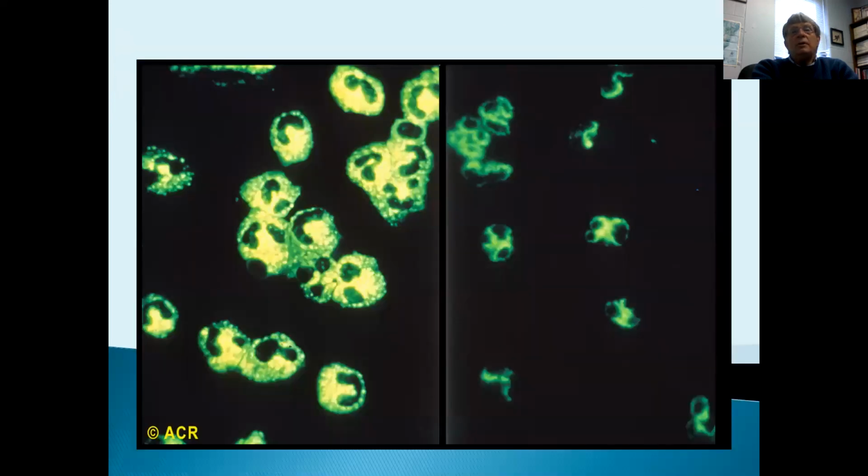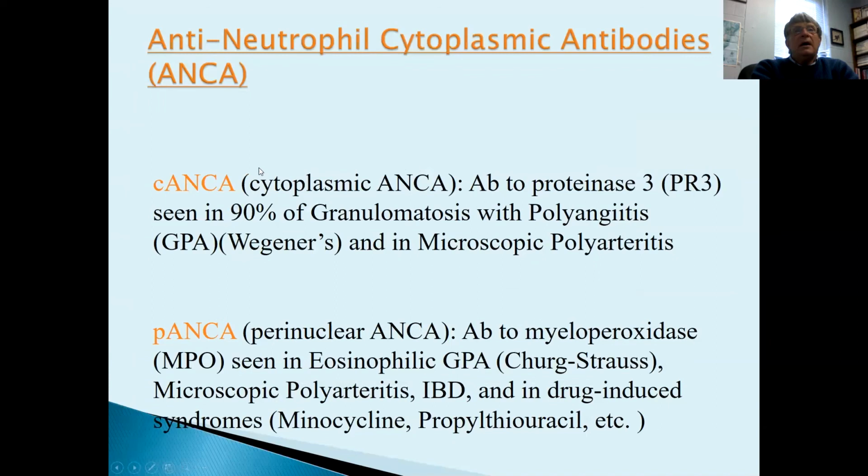They come in 2 types, cytoplasmic and perinuclear. Cytoplasmic antibodies are seen basically with proteinase 3. These are antibodies to proteinase 3. They're seen in 90% of patients with GPA, and it does correlate with disease activity. These levels may rise and fall.